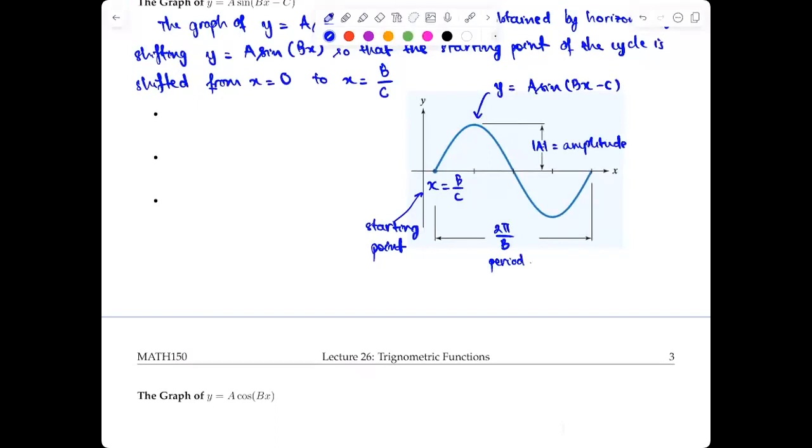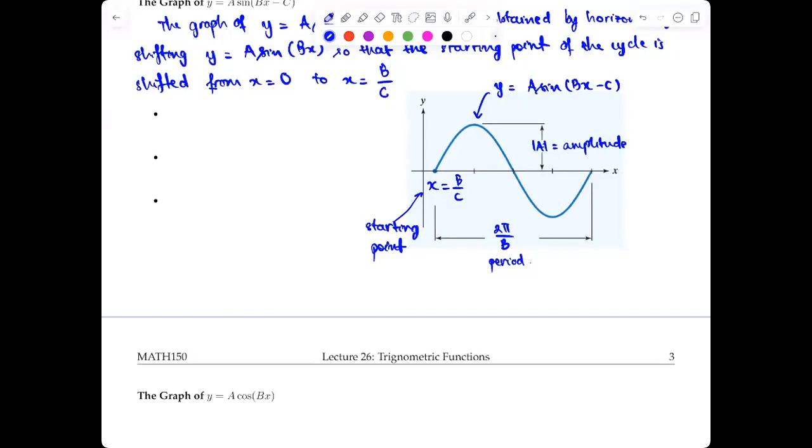All right, so let me do one little manipulation for my next explanation. So I have y equal to A times sine of Bx minus C. What I want to do is take B as a common factor of these two terms. And I'm going to get B times x minus C over B. You with me on this?